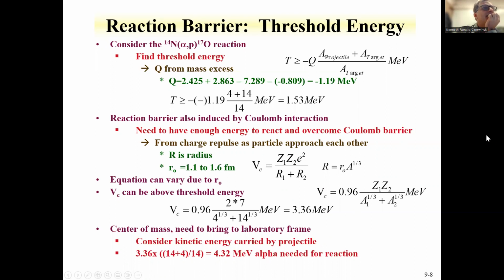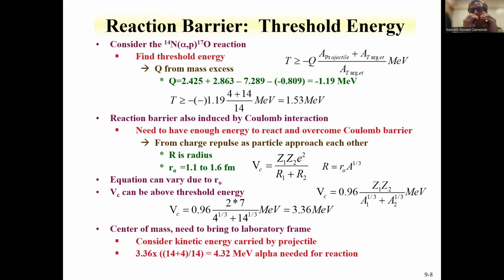Now, this isn't the only thing that's preventing the reaction from occurring. This is just the energetics, but what I actually have to do is, if I have an alpha particle and nitrogen-14, I have to get their nuclei close together.